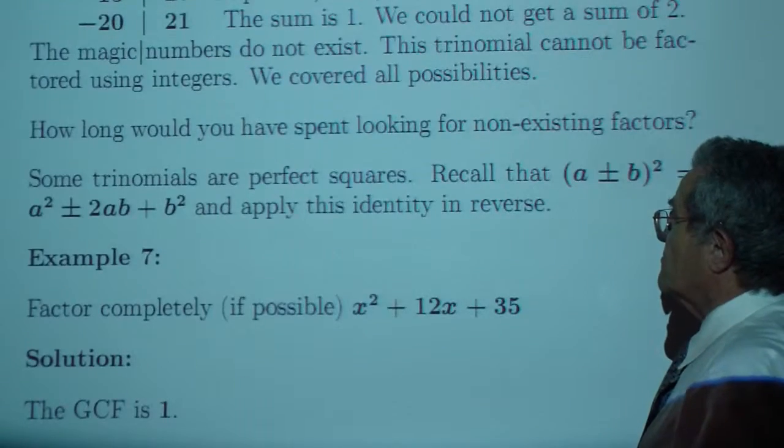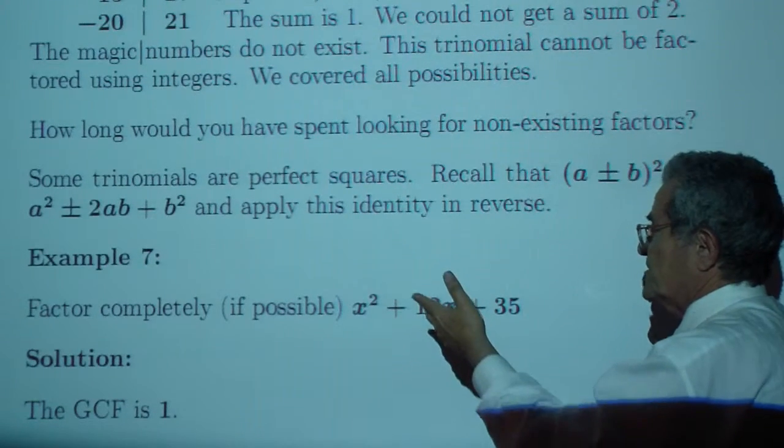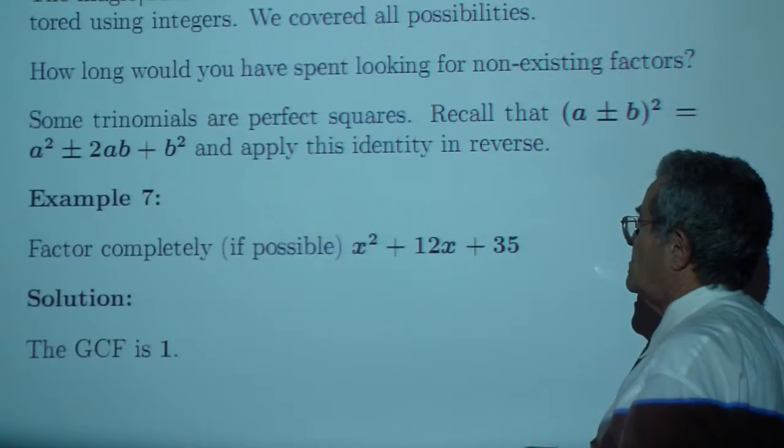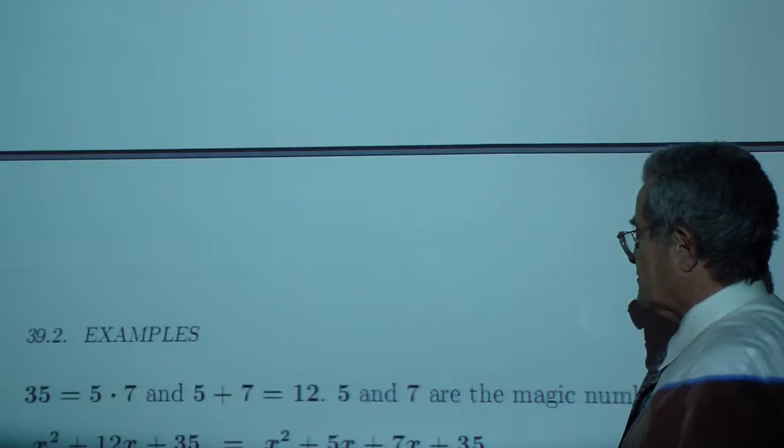Example 7. Did I skip example 6? Factor completely. Greatest common factor is 1.